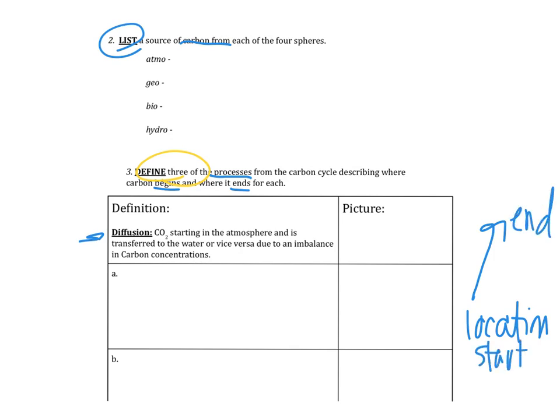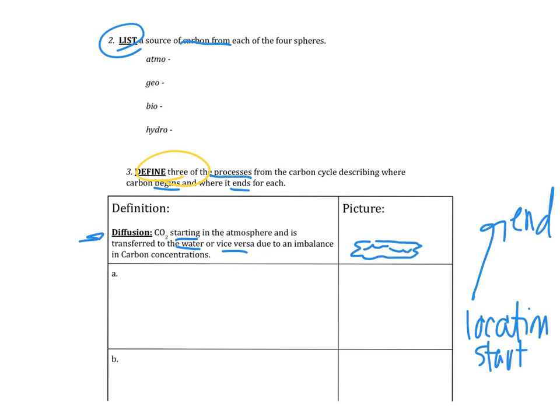So the example I used is diffusion, saying that it starts in the atmosphere and is transferred to water. And diffusion actually works both ways. So I also said vice versa, going from water to the atmosphere. This picture part is where you're going to draw in just a little snapshot of the carbon cycle. So for diffusion, you would just draw in, and you can do this on yours for my example, the water, right?